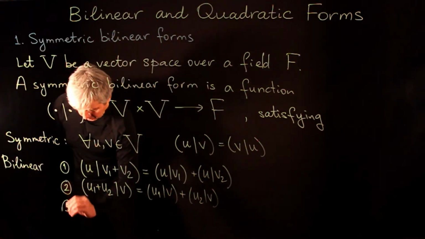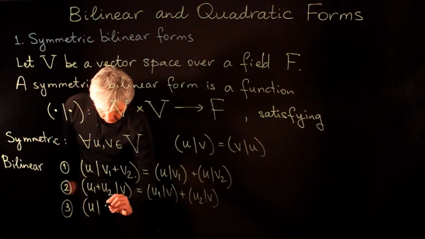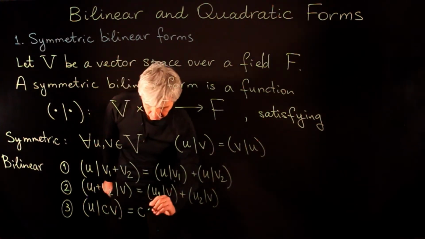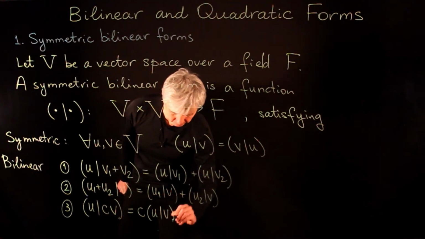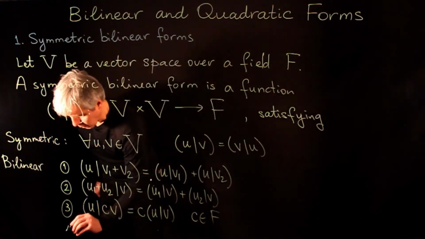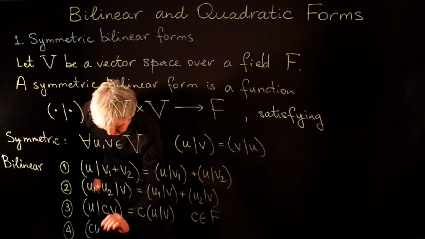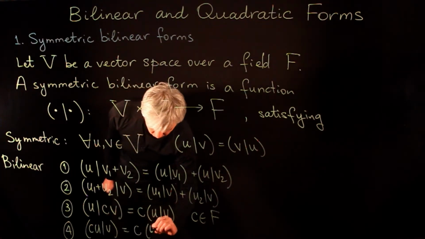Third, if we put a constant multiple of one of the vectors, then this constant multiple can be pulled out from the bilinear form. So here c belongs to the field. And fourth, finally, the same is true for the first argument: c times u with v is equal to c times (u with v).